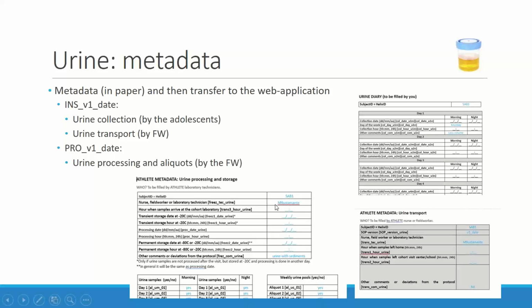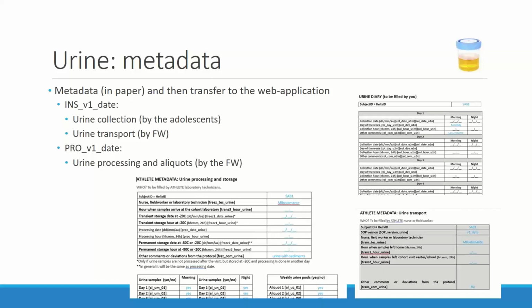So we want to have the name in order to check if something is strange or whatever, to be able to track back and talk to this person. So please, you can include your name or the initials of the name or something that can identify the person who has collected the samples or processed the samples.